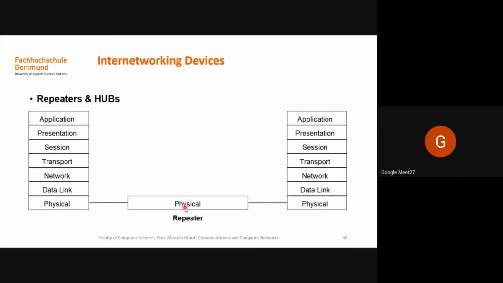The difference between a repeater and a hub is that the repeater has only two interfaces, but the hub could have more than two interfaces and perform a repeating function between any pair of the different ports that the hub has.